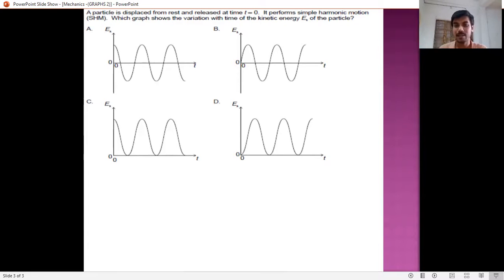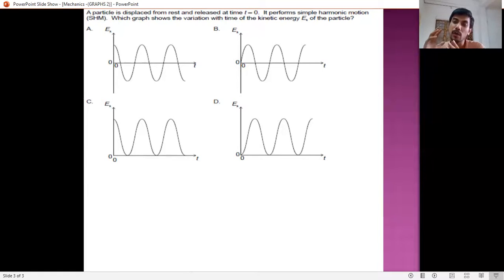And there you can understand that it's only option D that you can have, because in option C at time t equals 0, the kinetic energy is not 0.